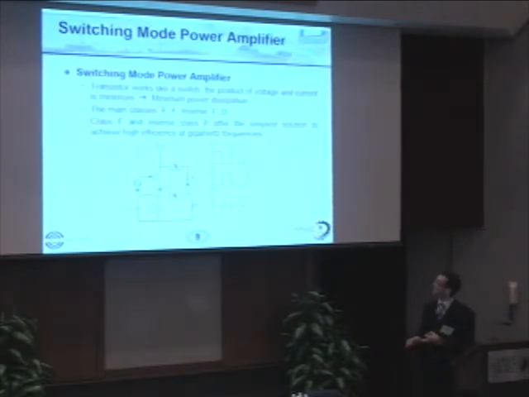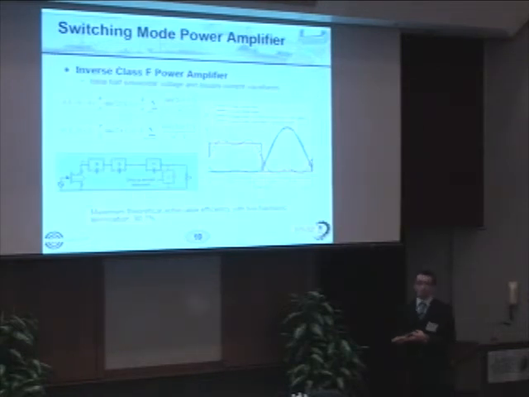If we can somehow configure the transistor to mimic a switch behavior, that means either the switch is open and we have zero current and high voltage, or it is on, and we have high current and no voltage. The product of the current and voltage is equal to 0 at each time. And this means that there is no power dissipation and 100% efficiency.